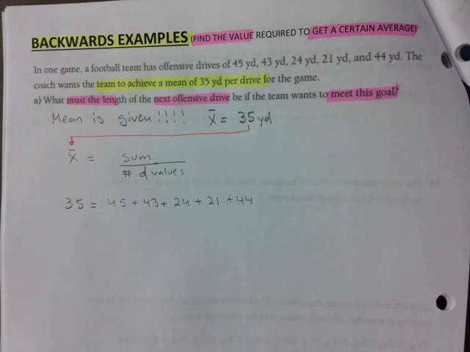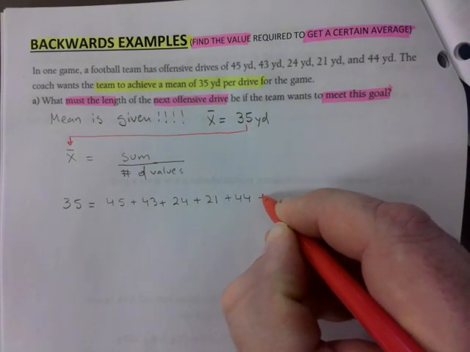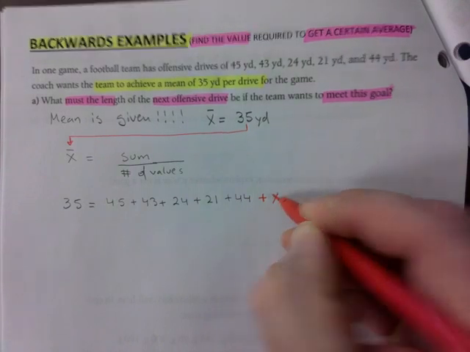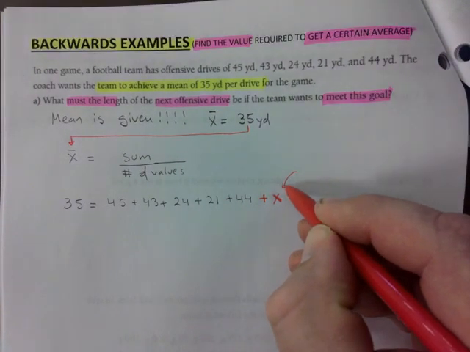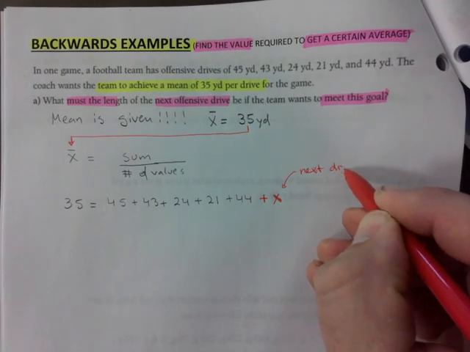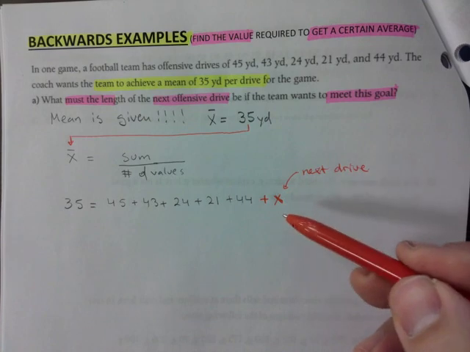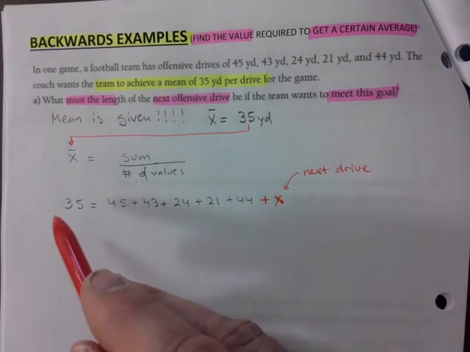What else do we need to have there? We have to pay close attention to this part. We have to add the next drive. We don't know what that has to be, but this is our next drive. Next drive. It's like, what do you need to get on your final exam to get a certain average, right?